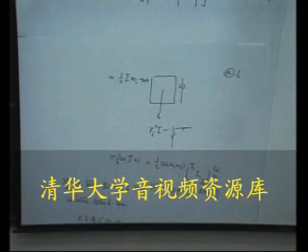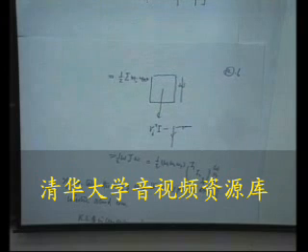So therefore it's equal to 1/2 I1 omega 1 squared plus I2 omega 2 squared plus I3 omega 3 squared.